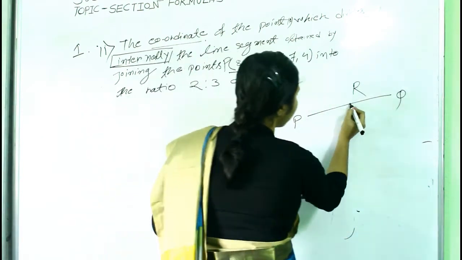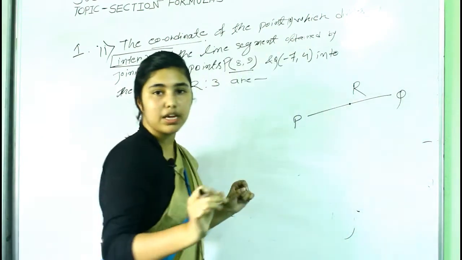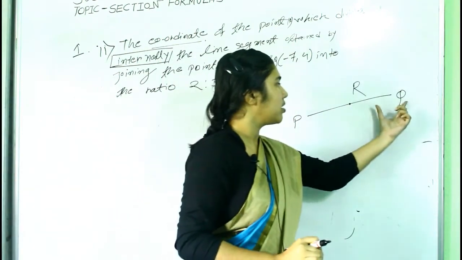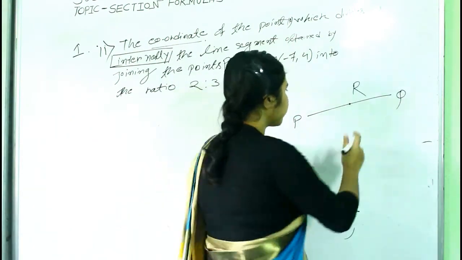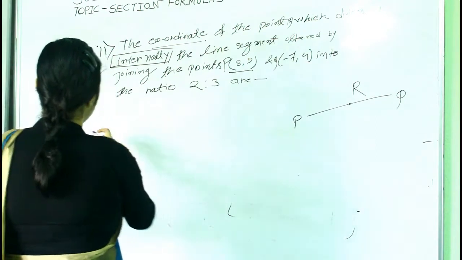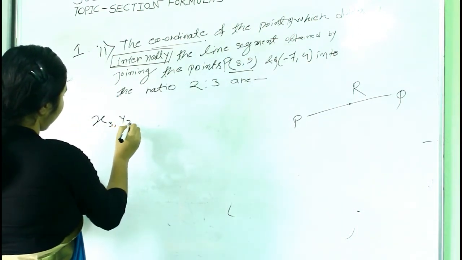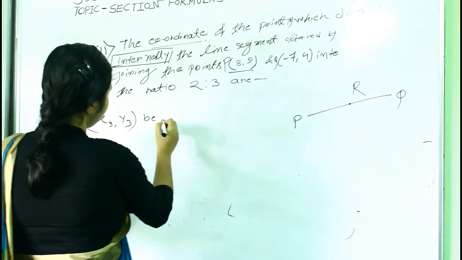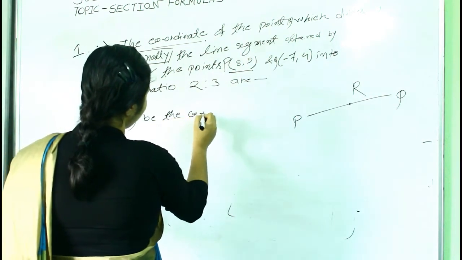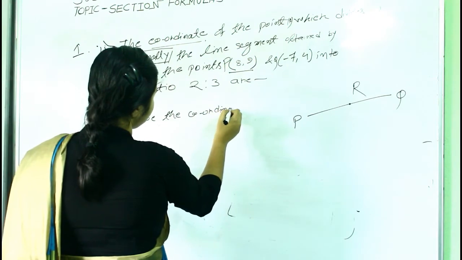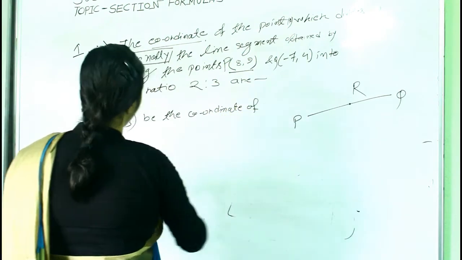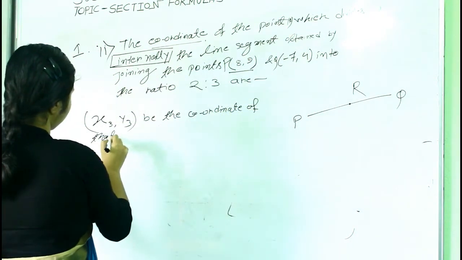Internally means the point is on the line segment and between P and Q. Okay. So in that case, suppose x3 and y3 be the coordinates of that point.